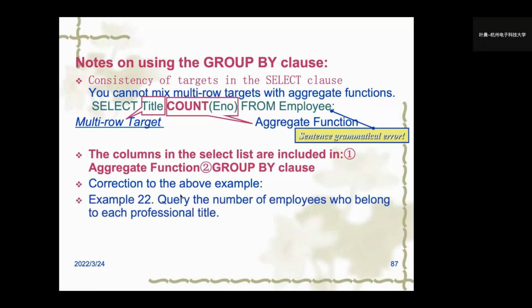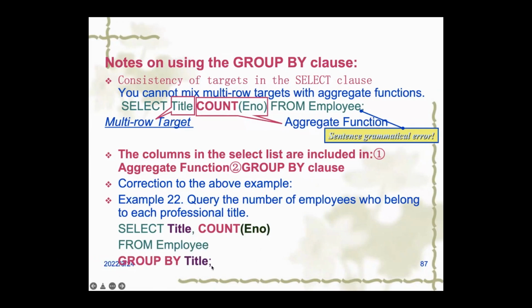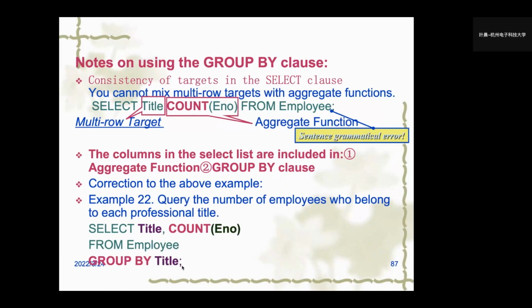If you want to query the number of employees who belong to each professional title, you can use GROUP BY title. So here, if you use GROUP BY title, we can count the number of employees belonging to each title.